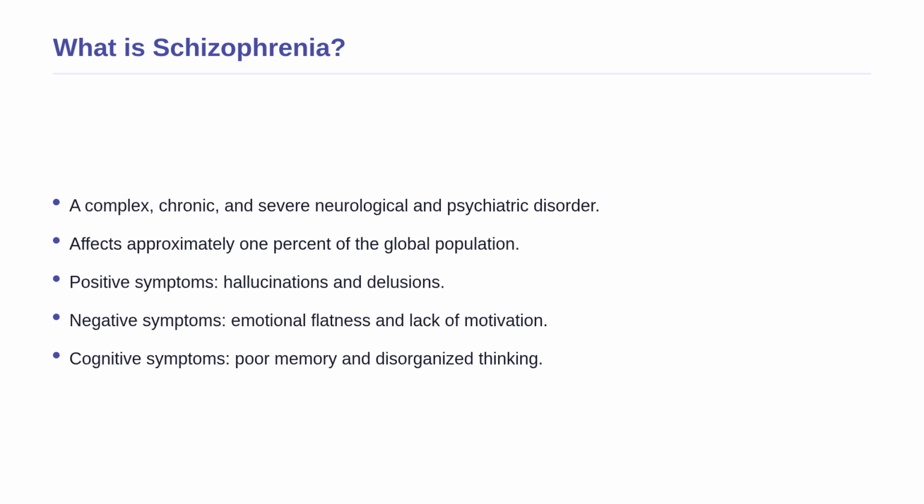Clinically, it is characterized by three main categories of symptoms: positive symptoms, like hallucinations; negative symptoms, like emotional flatness; and cognitive symptoms, like disorganized thinking. Understanding the biological roots of these symptoms is the first step toward effective treatment.